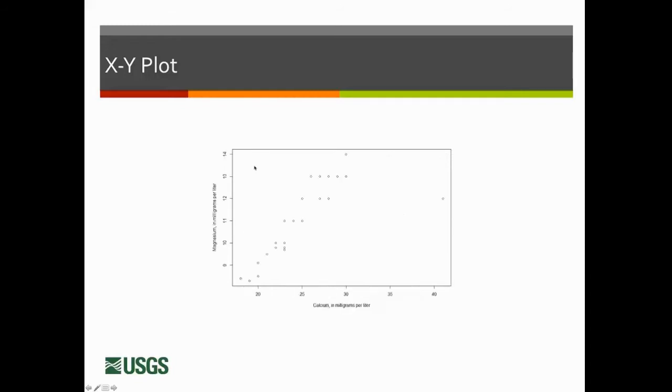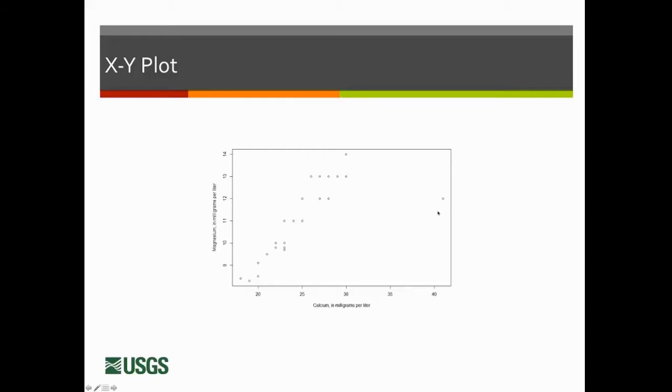We can also plot values against each other when we know they probably have some kind of relationship, and looking at that relationship could inform us about what's going on in the data. Here's calcium versus magnesium. They definitely have a strong linear relationship. Again, we see this one point that for a given high level of calcium, it seems to have less magnesium than you might expect.